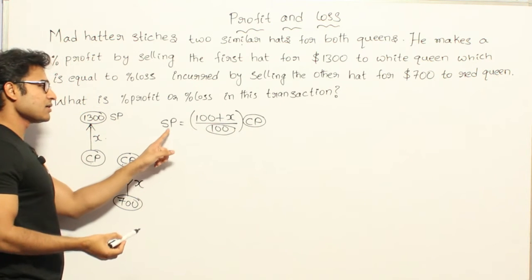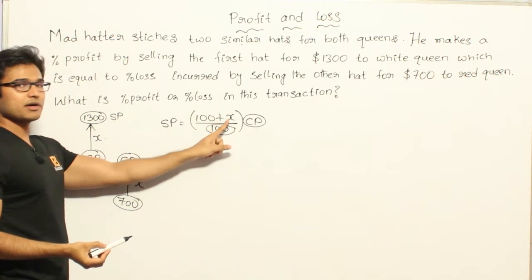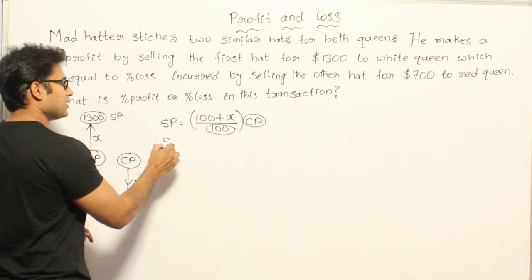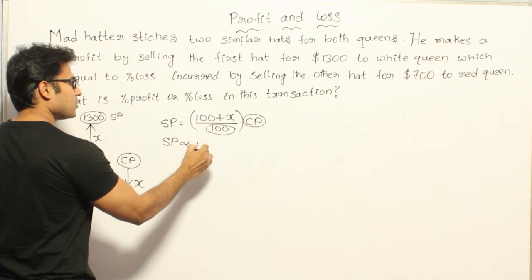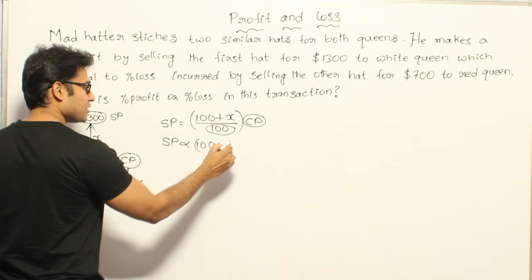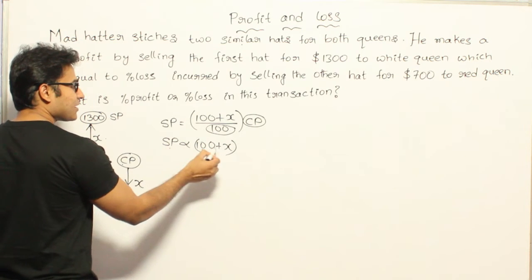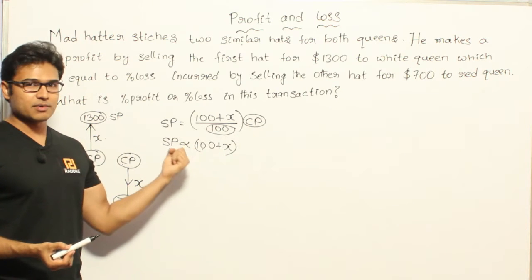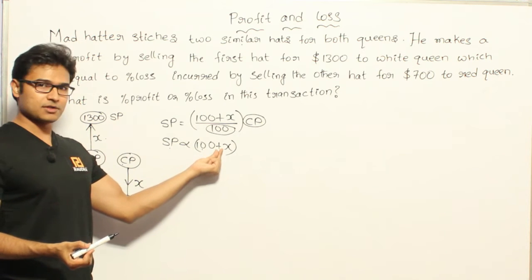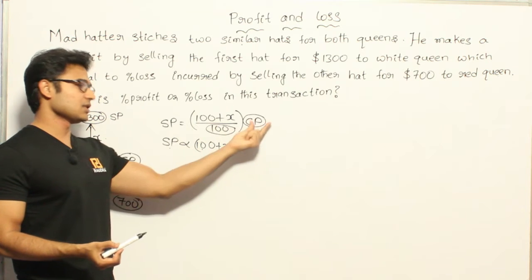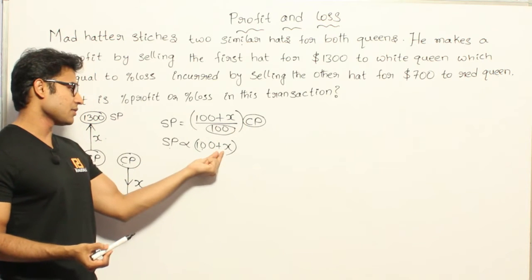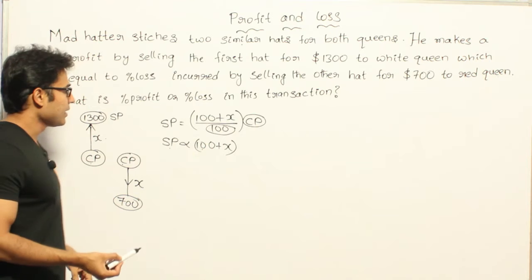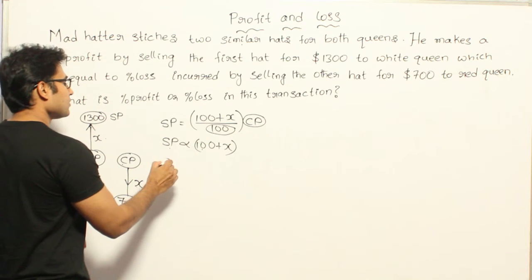Therefore SP is directly proportional to 100 plus X. Since 100 is also constant, you should not write it as SP directly proportional to X. Only in case of multiplication can you eliminate terms completely. If there is addition or subtraction, let the term be there.